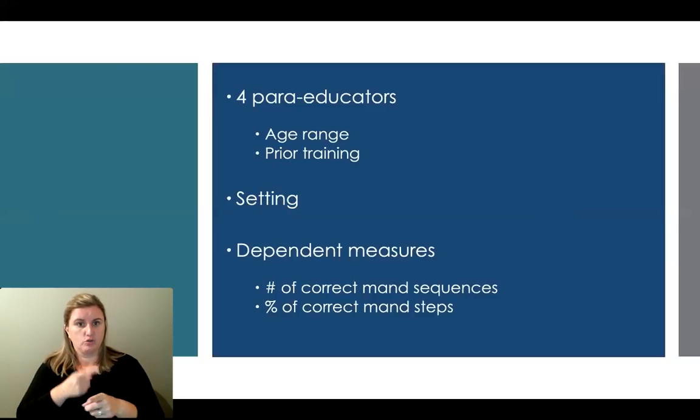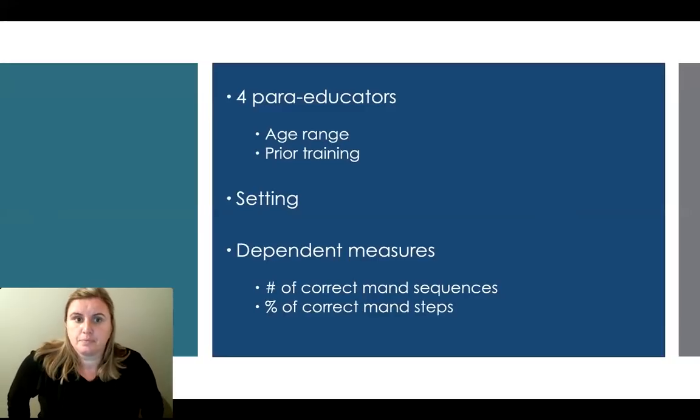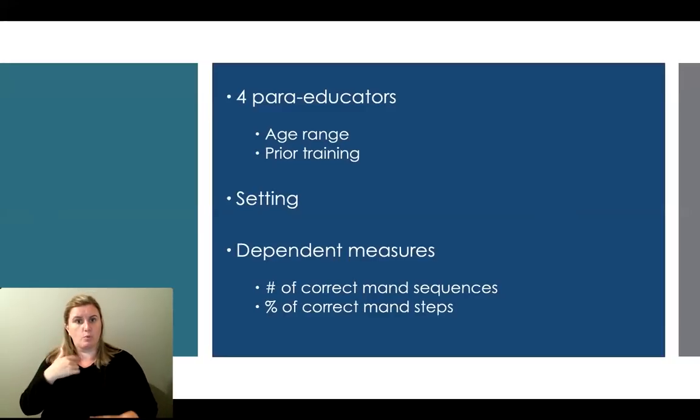correctly implemented. So the reason why we decided to evaluate these 2 measures is because high levels of implementation fidelity, or percentage of correct implementation, may mean that the person is also not teaching one specific target skill correctly.